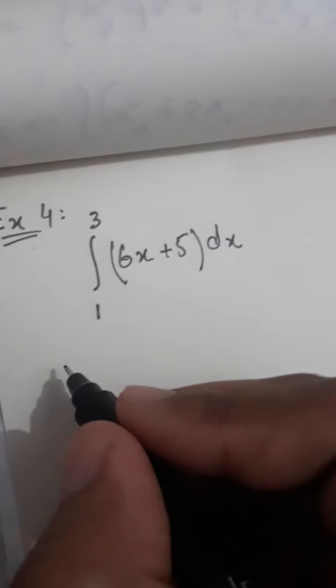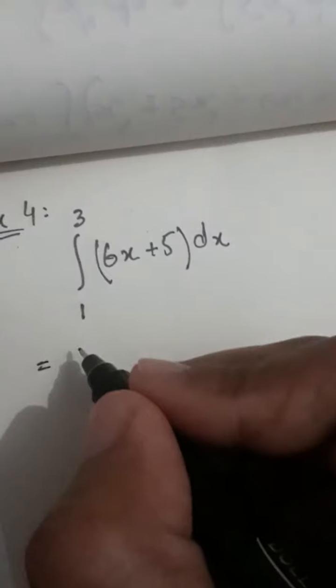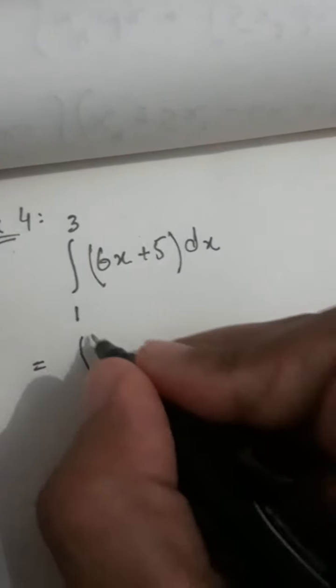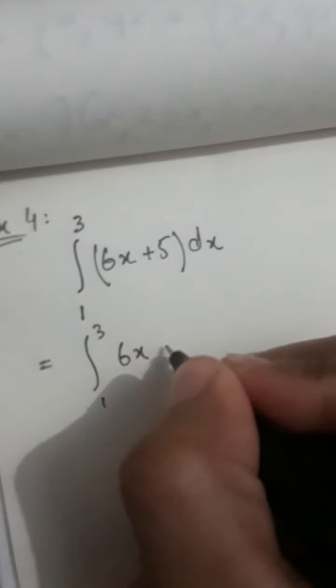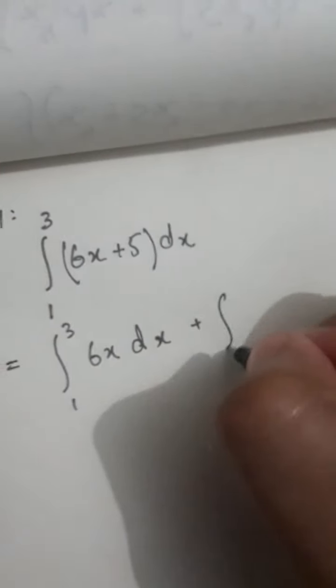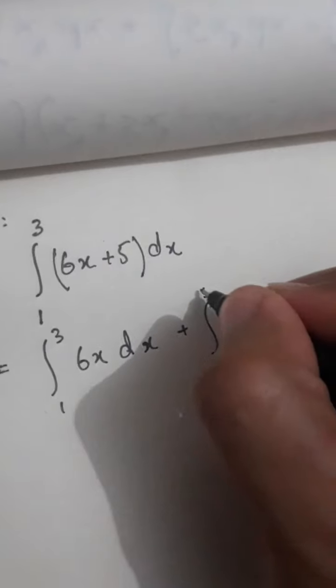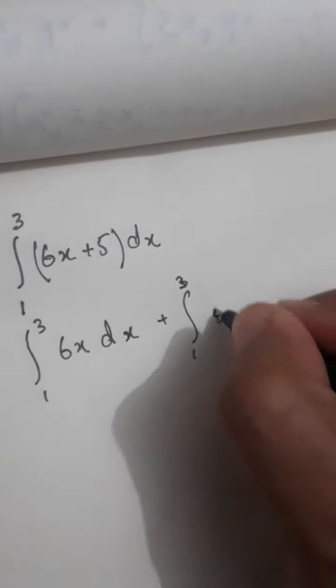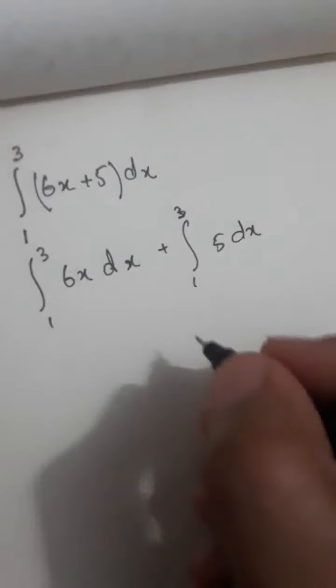So just like we did earlier, I'll be writing it separately for both the parts, 6x and 5 times dx, with limits 1 to 3.